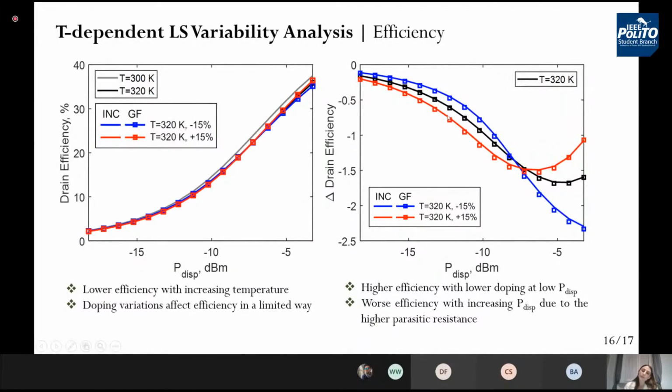On the right, we can notice the delta efficiency, and we can see that for low values of the input power, we have a higher efficiency with a lower doping, while in compression we have an opposite behavior.